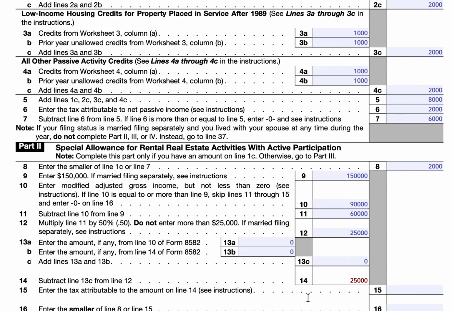Now the tax that's attributable to the amount on line 14, again, you're going to use certain tables, which you can find in the article and in the form instructions. I'm simply going to plug in a number here. Let's just say that this number is $10,000. We're going to enter the smaller of either line 8 or line 15, and that gives us $2,000. That's the special allowance for the rental real estate activities with active participation.